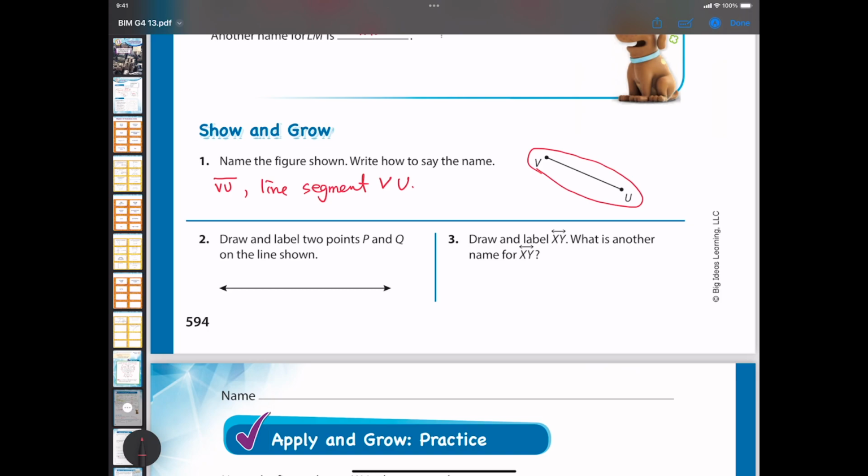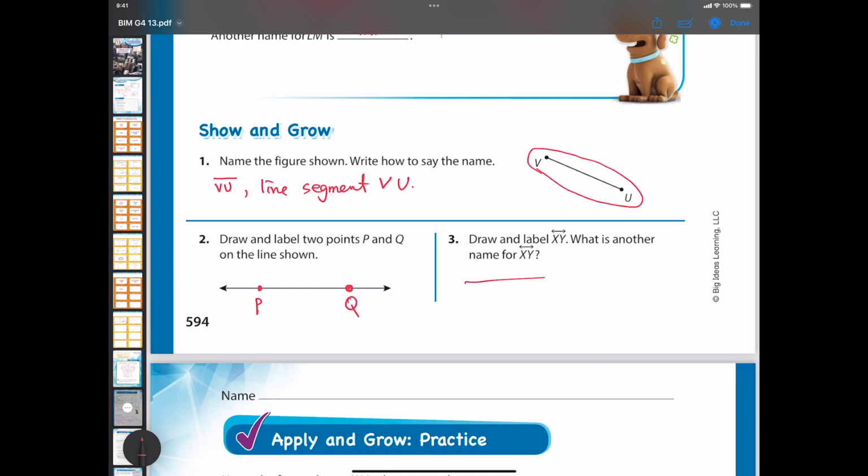Now number 2, draw and label 2 points P and Q on the line shown. So maybe you can put P anywhere and Q on the line. Okay? Now draw and label line XY. What is another name for line XY?